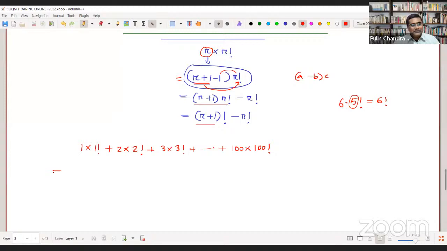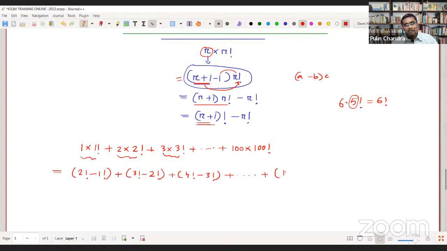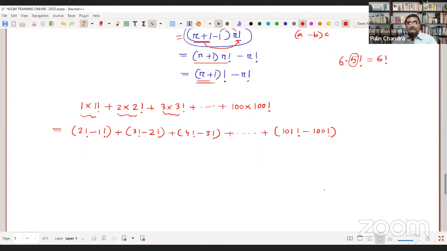अच्छा, ये हो गया। अब मैं क्या लिखूंगा इसमें? आर factorial होने से क्या लिखना चाहिए? एक बड़ा factorial minus original factorial। तो मैं इसको लिखूंगा 2 factorial minus 1 factorial। ये वाले से 3 factorial minus 2 factorial। ये वाले से 4 factorial minus 3 factorial। ऐसे हम last तक जाते रहेंगे, राइट। और इसको करेंगे 101 factorial minus 100 factorial। क्या ये समझ में आया? मैंने ऊपर वाला इस rule को बना दिया actually.